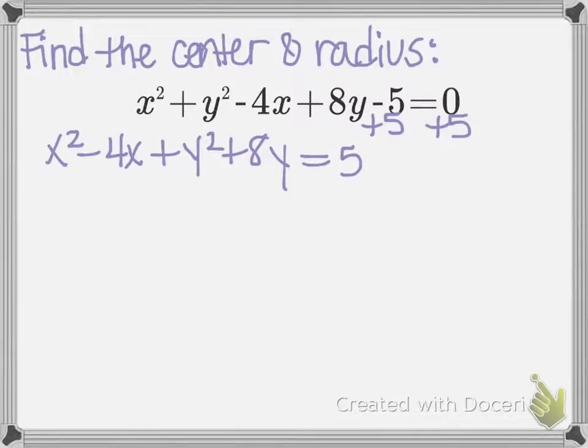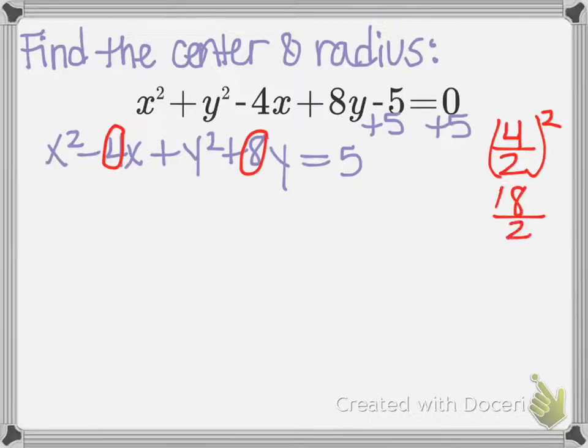Okay, so now I'm going to be completing the square on 2 variables at one time. Technically, it's almost as if there are 2 b's in this equation. x's b is 4, so I'll be doing 4 divided by 2 squared. And y's b is 8, so I'll be doing 8 divided by 2 squared. Now those numbers I'm adding to both sides simultaneously.